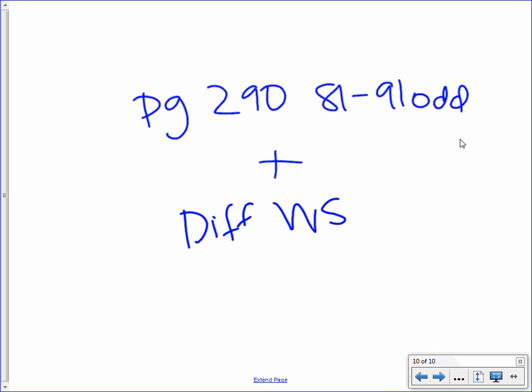On the differentials worksheet, the first few problems are just asking you to find f of x, so you actually have to go through and find the plus c. But the last three problems I would like you to solve the way that we did it the second time. So 5 through 6, I want to be like the last one that we did.